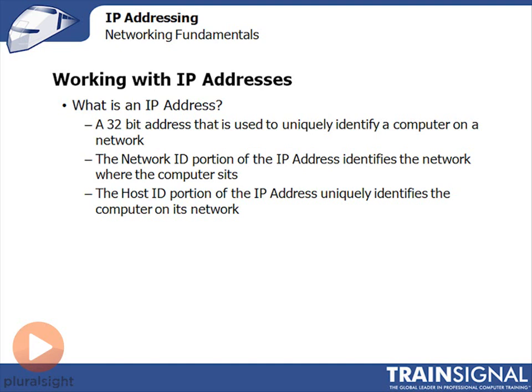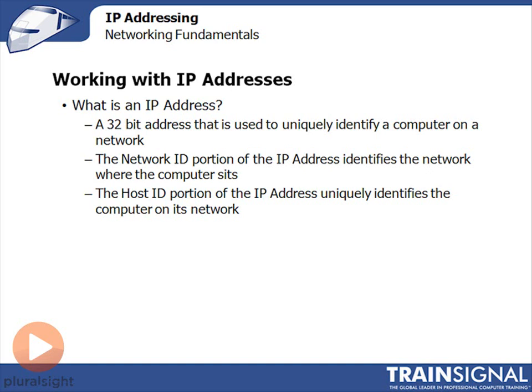You take this number and you actually divide it into two different components. One portion of the IP address is what's known as the network ID, and that identifies what network that particular computer or host is on. And then we have the host ID, the portion of the IP address that makes that individual computer or host unique within that network.